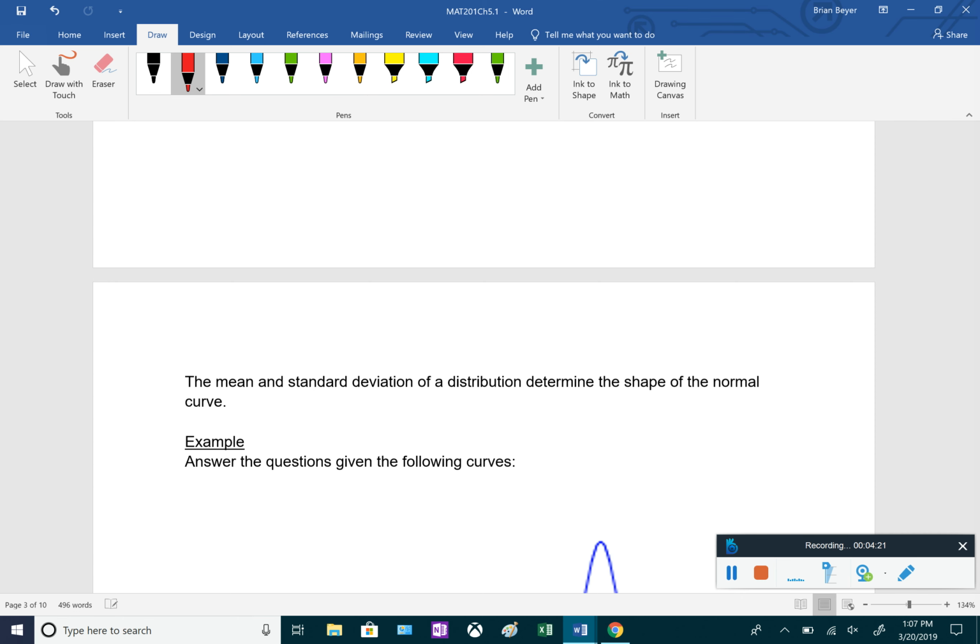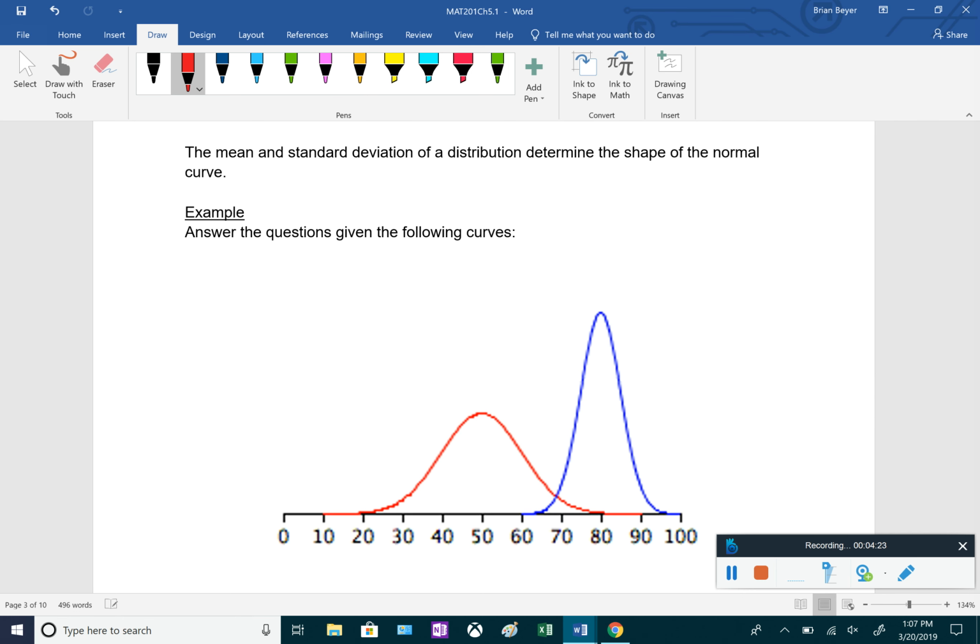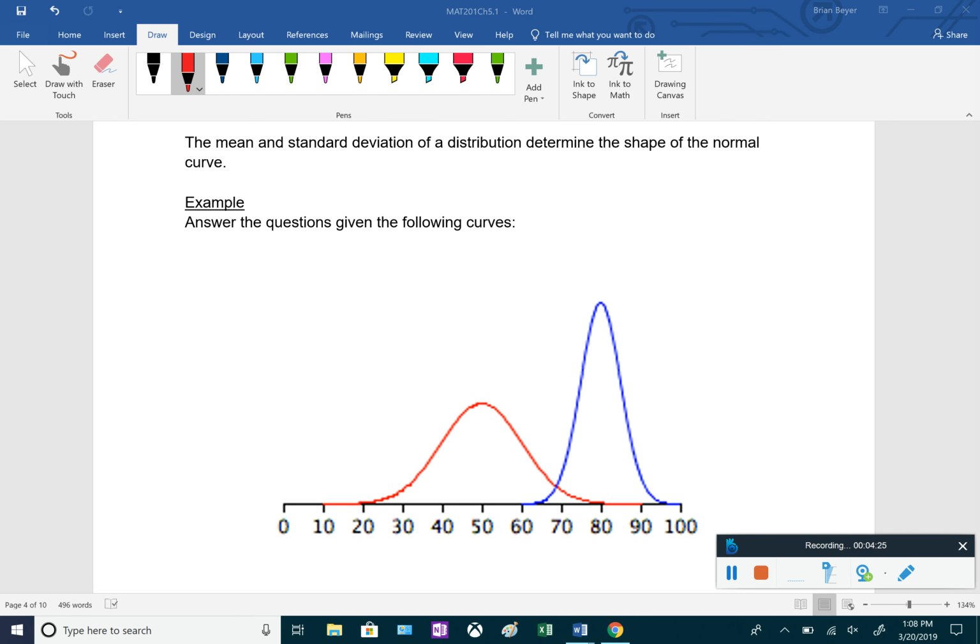Okay, let's do a couple other examples here. Even though I'm essentially copying and pasting the same looking normal curve for most of these questions, technically the shapes can change a little bit, and they change based on the mean and standard deviation. The mean and standard deviation of a distribution determine the actual shape of the normal curve.